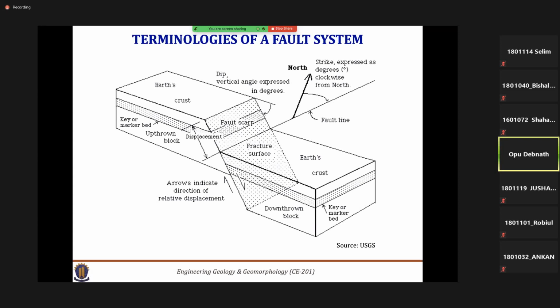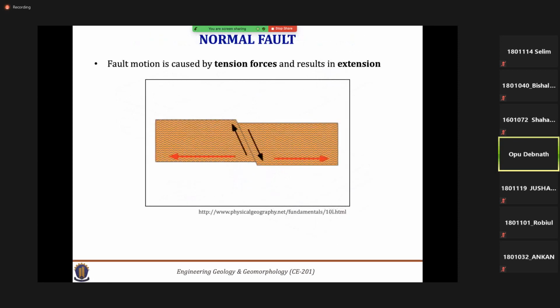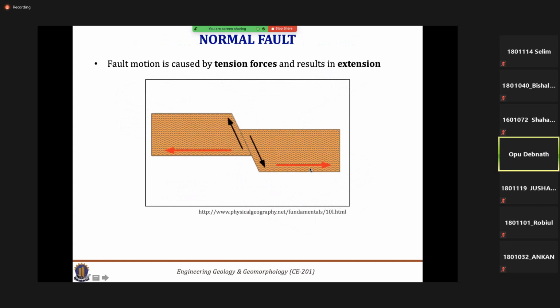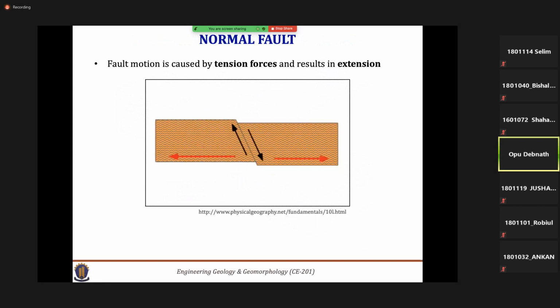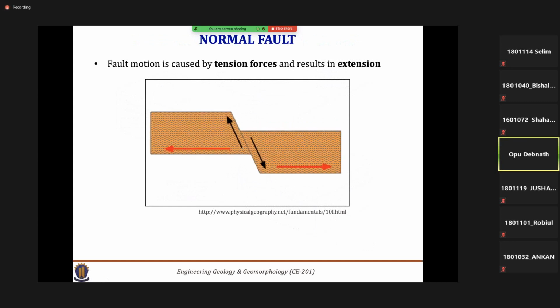Along this fault line, the portion or plate which is fixed is known as the footwall, and the plate which is moving downward, sliding, is known as the hanging wall. That means the two walls are sliding relative to one another.